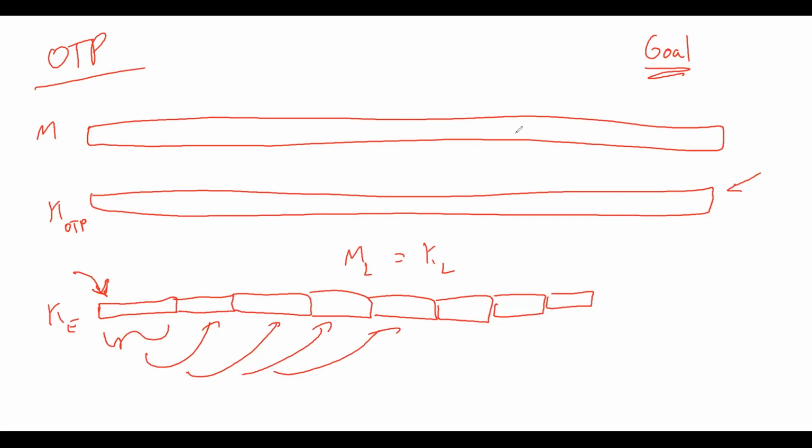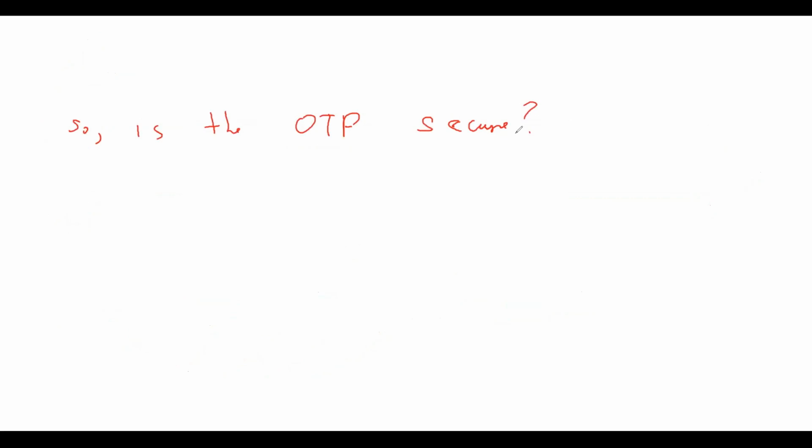We know it's impractical to have keys as big as the full message. That's the first assumption. So it's not practical to do. We can't. It's not possible. But if it were possible, you'd ask the question, is the OTP secure? Well, it is fully random.